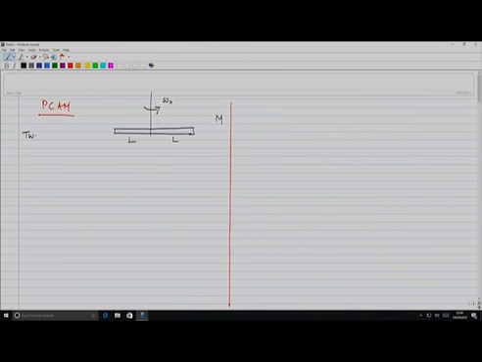Two small spheres of mass m each are attached gently to the ends of the rod.